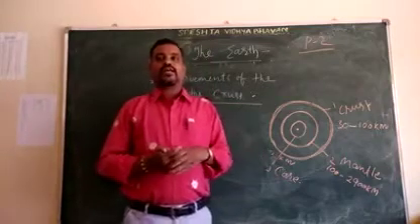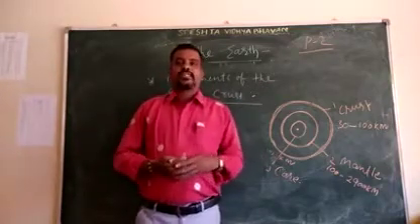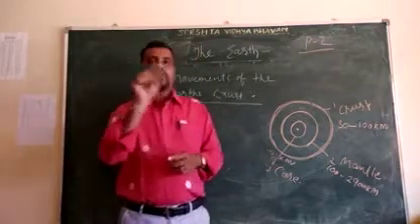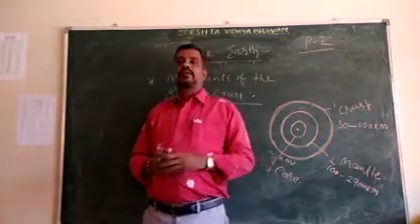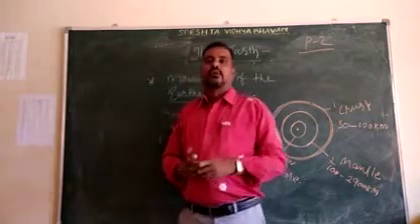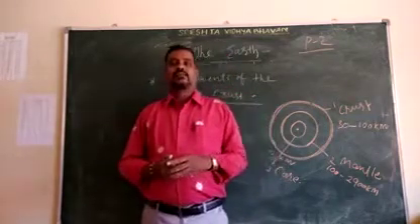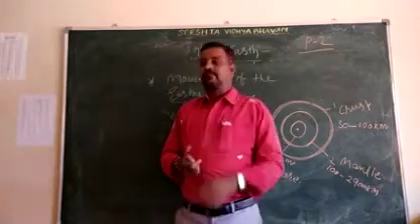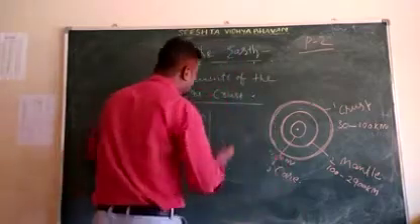So in the early 20th century, a German meteorologist, Alfred Wegener, described a theory that is known as continental drift.